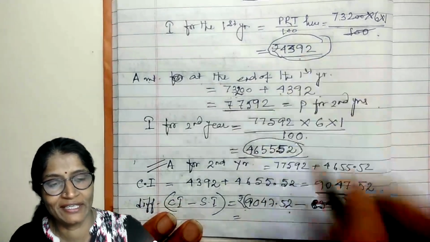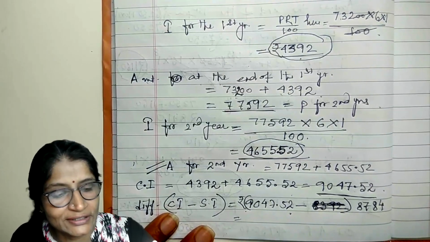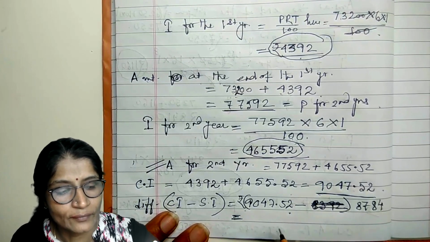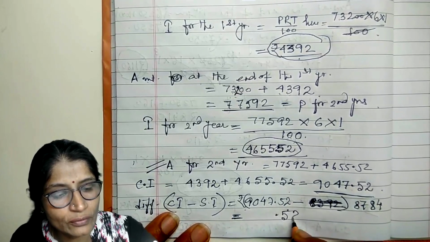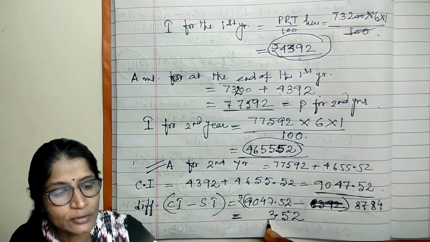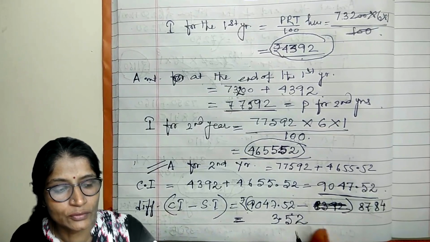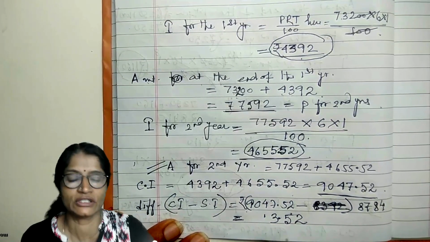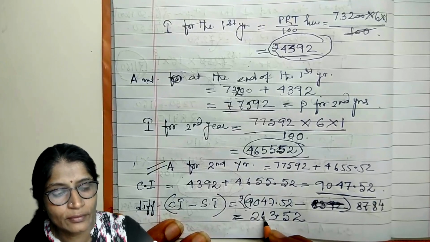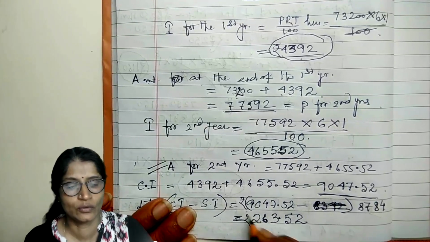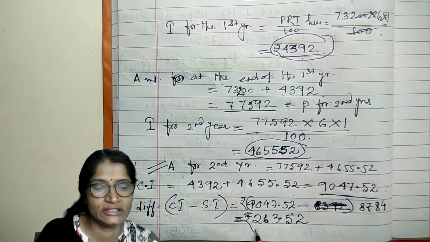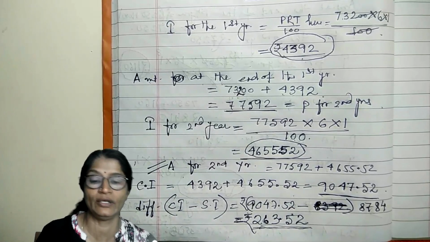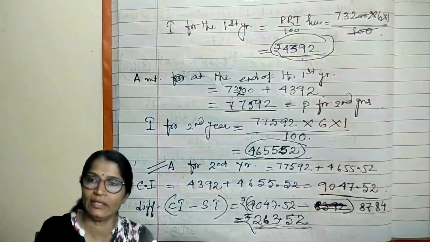By mistake I have used the first year's interest. So 9047.52 minus 8784 is equal to 263.52. So the difference is that he will get 263.52 rupees more when he invests the same money in compound interest compared to simple interest.